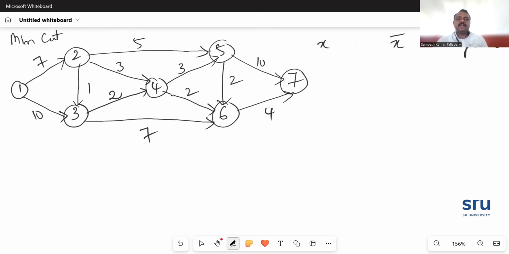As I said, it is a connected graph. Now what I need to do is make my connected graph into a disconnected graph.